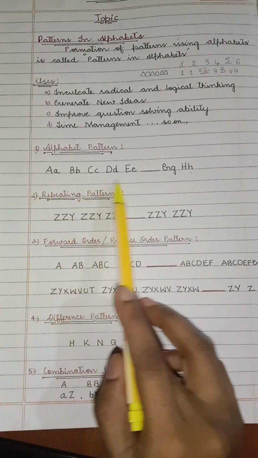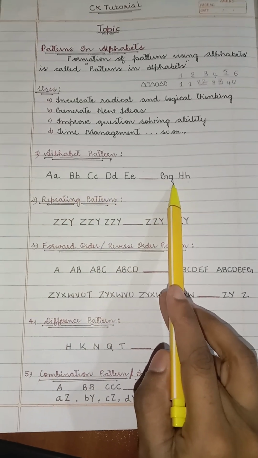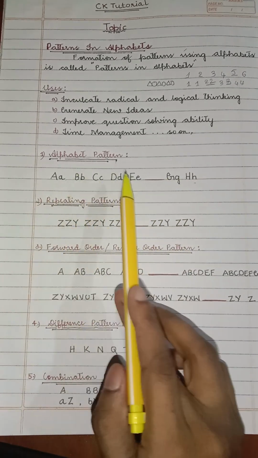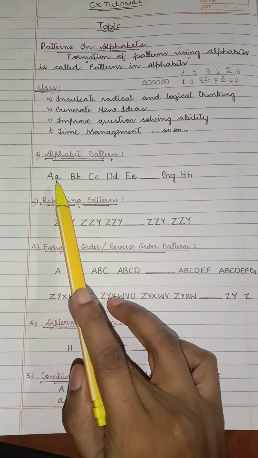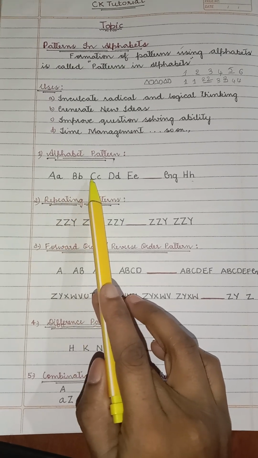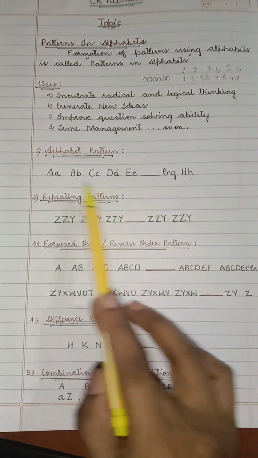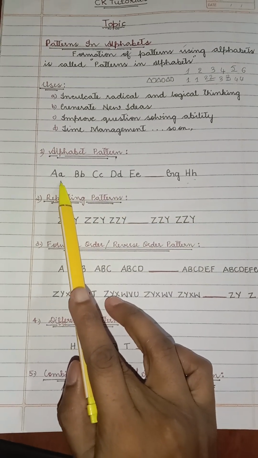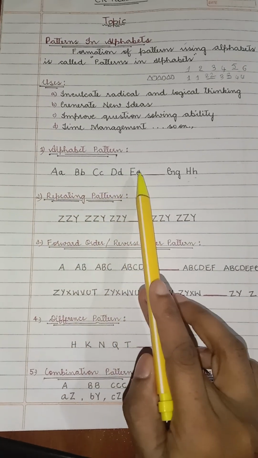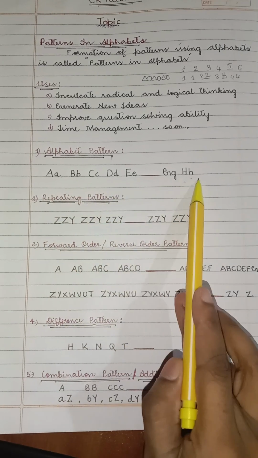So here the kid has to observe what is the pattern of the alphabets given. He has to observe and identify the kind of pattern given here.